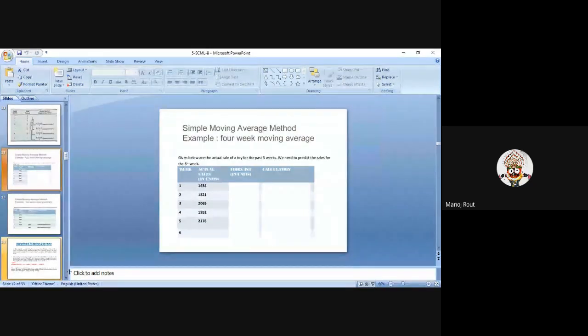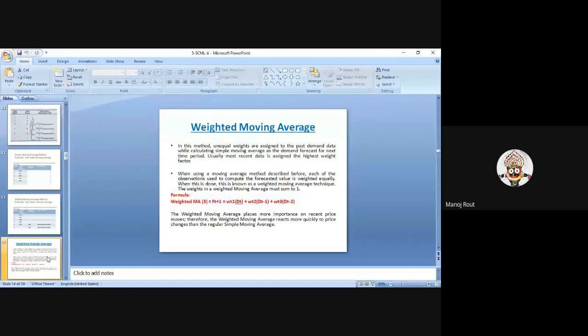So moving to the next topic, that is the weighted moving average method. In this method, unequal weights are assigned to the past demand data while calculating the moving average as the demand forecast for the next time period. Usually the most recent data is assigned the highest weight.